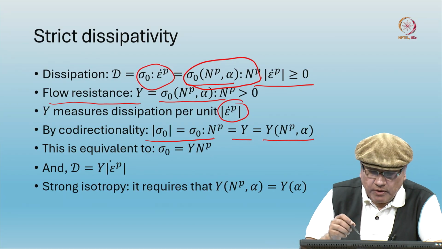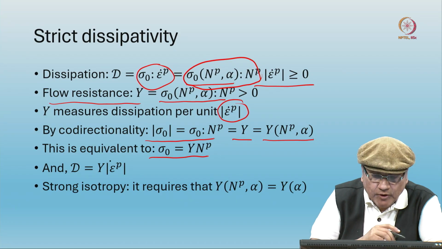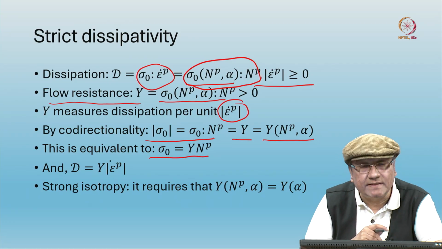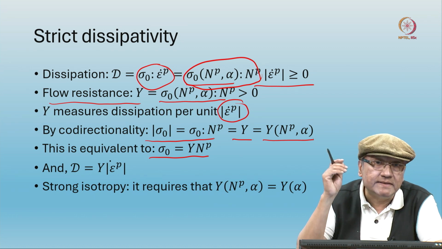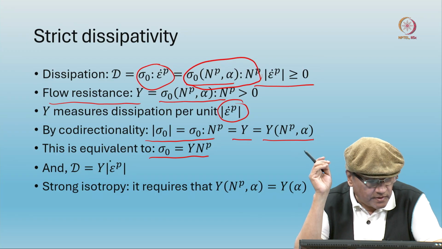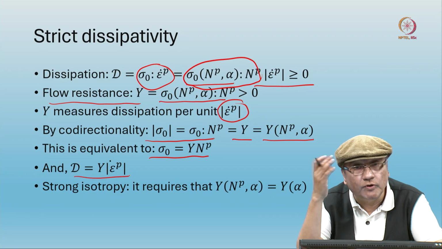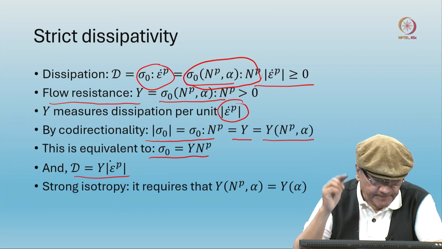Right. So, I can therefore say that sigma 0 itself during plastic flow will be nothing but the scalar flow resistance times NP, right. NP is the tensor, Y is the scalar. And D, therefore, the dissipation can be written as this flow resistance times the magnitude of the plastic strain rate.